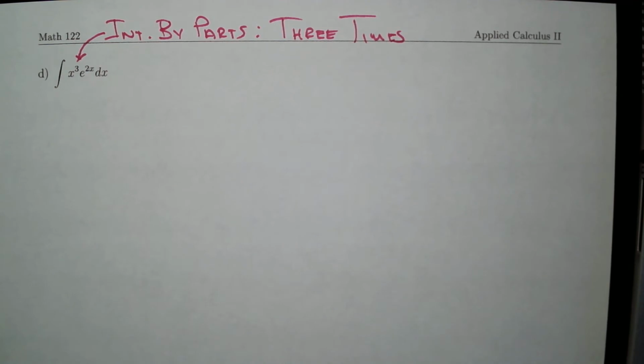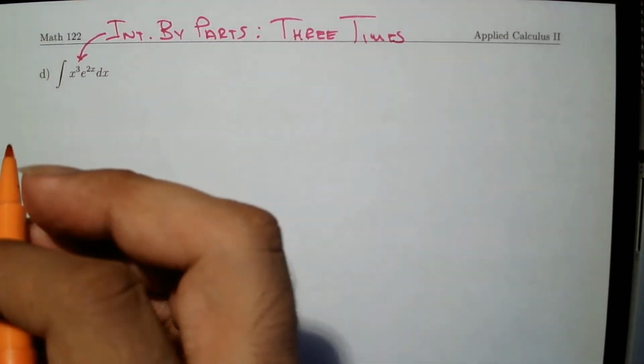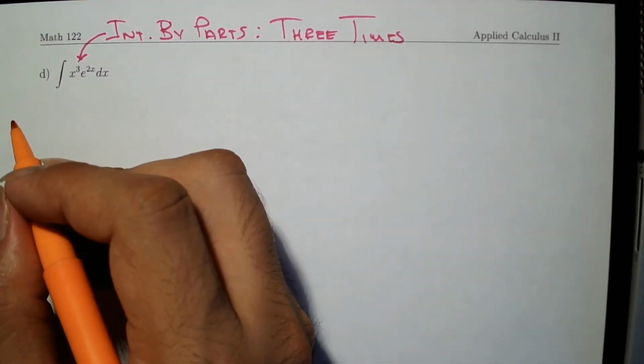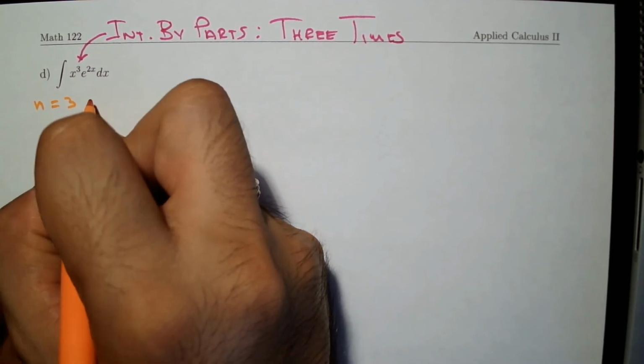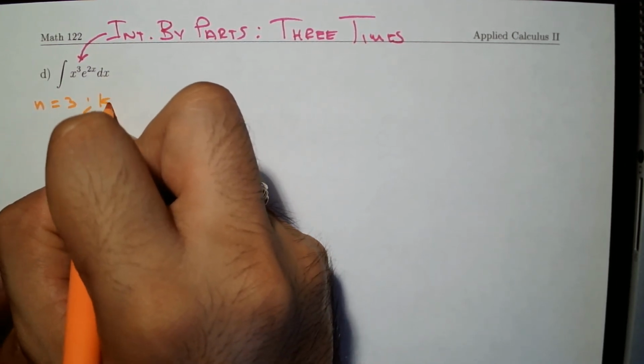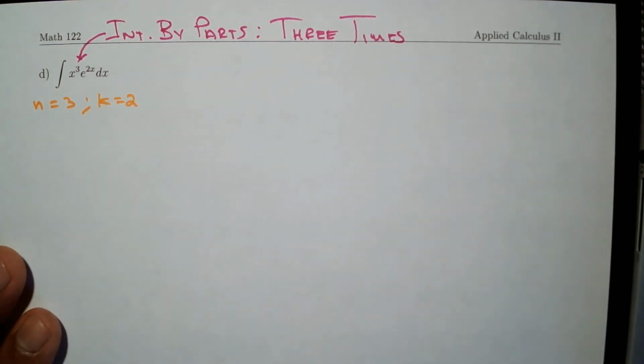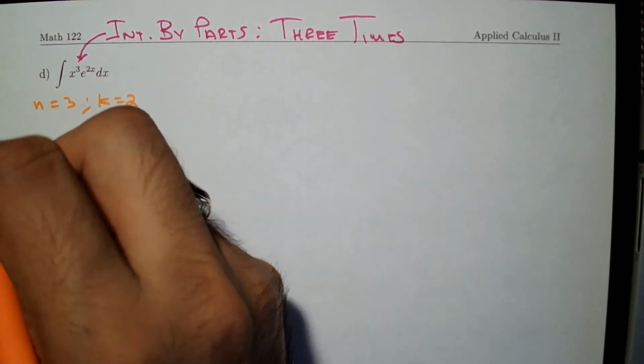However, that's another alternative. First of all, let me write whatever it is. In this case, I need to identify n equals 3 and k equals 2. And I'm going to write down the formula.